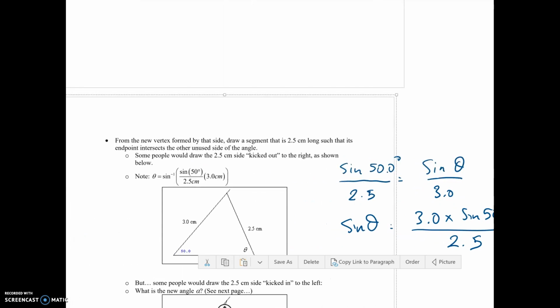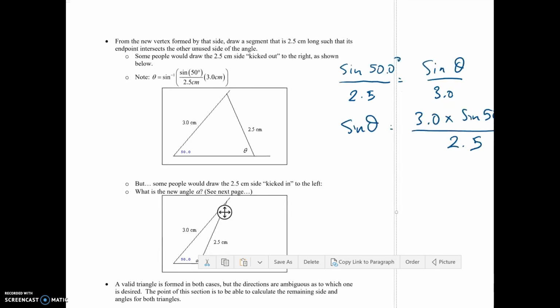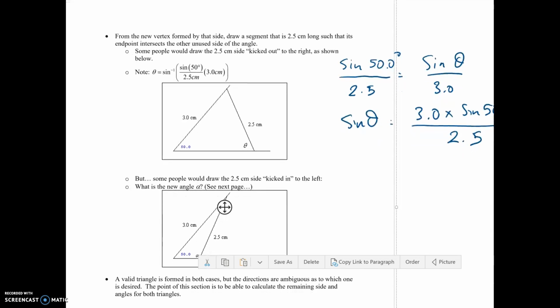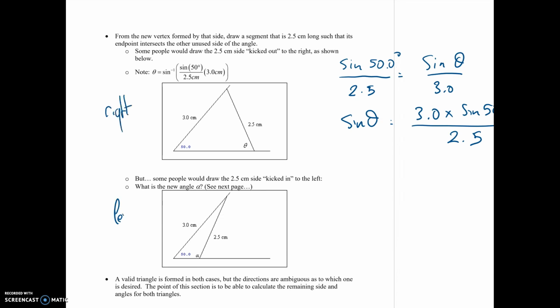But some people would draw the 2.5 centimeter side kicked to the left instead of to the right. Right, there it was to the right; here, it's to the left. And so now we have another angle, the angle alpha. Alpha is different than the angle theta.